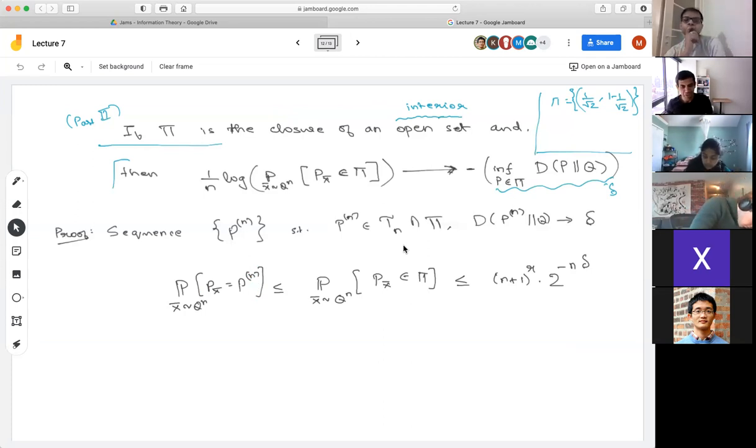Because we're trying to calculate the probability that it's any element of pi, this one element of pi should give us a lower bound on the probability.